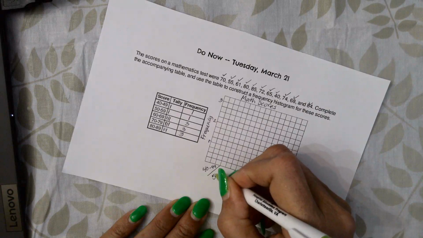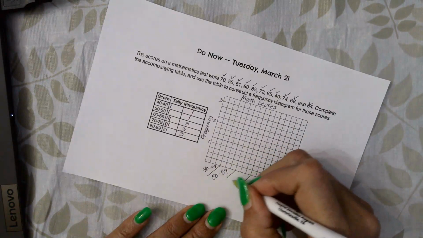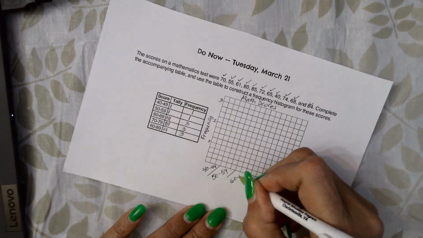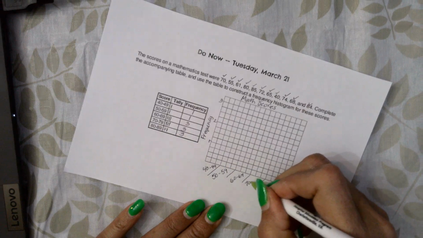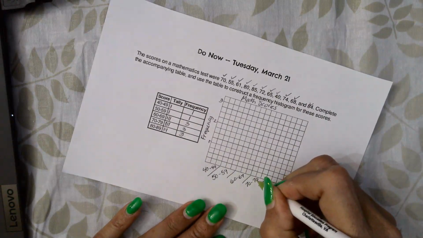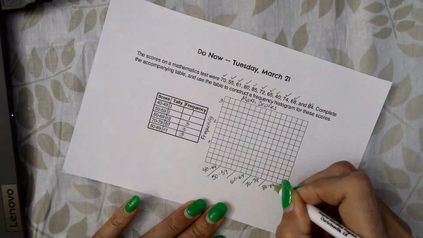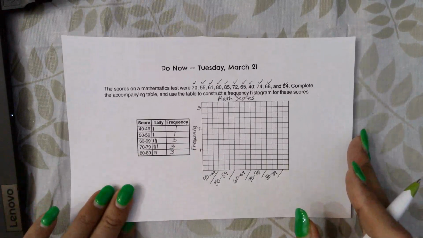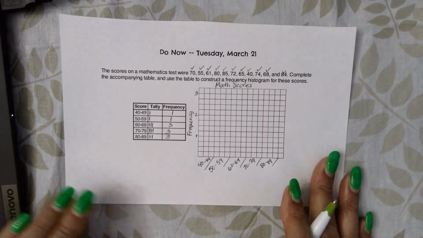Again, most of you did really well on the histogram test. I'm proud of you. And 60 through 69, 70 through 79, and then 80 through 89. So this is what it should look like before we put our bars in.